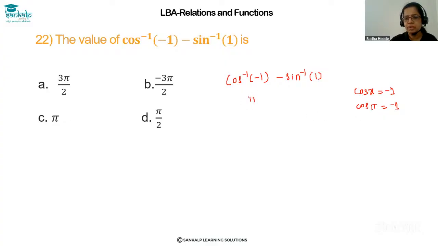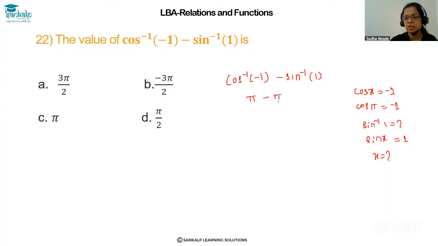So it is pi. Similarly, if I write sin inverse 1, or sin x is equal to 1, what is x? Sin pi by 2 is 1, correct? So x must be pi by 2.